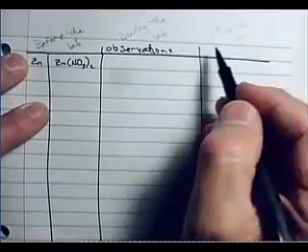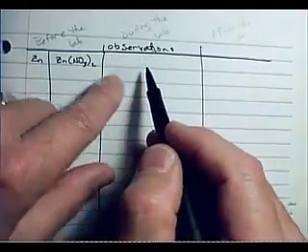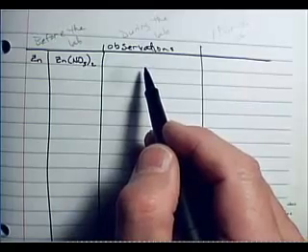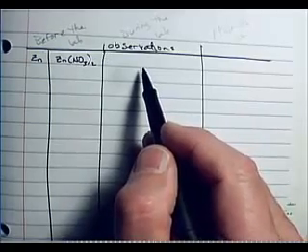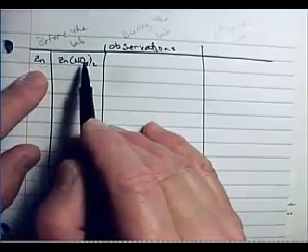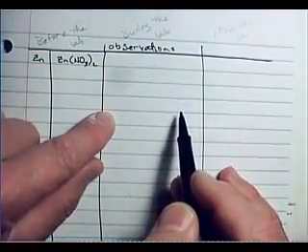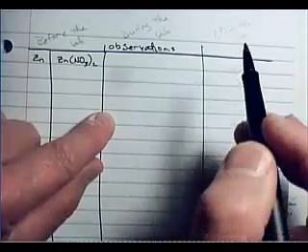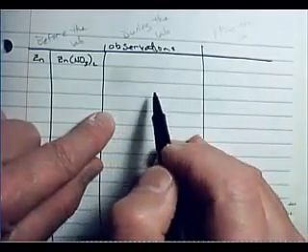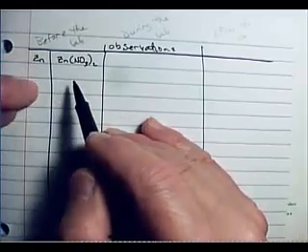So this last column, once you have observations, then you're going to go to your Google document and look at your predictions. You predicted, or I predicted for you, this reaction would not occur. I have some observations during the lab. What I'm going to do over here is look and say, do these observations stack up with the prediction?